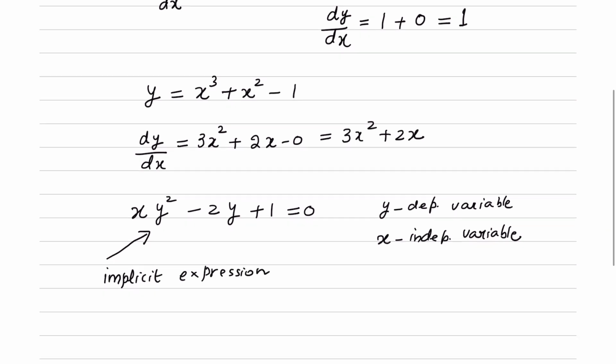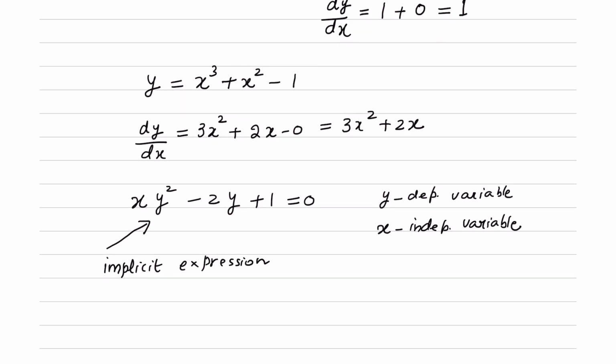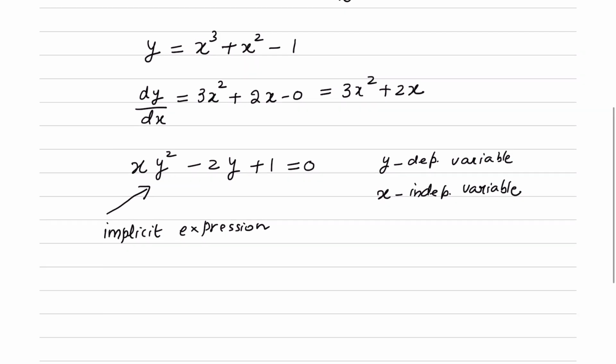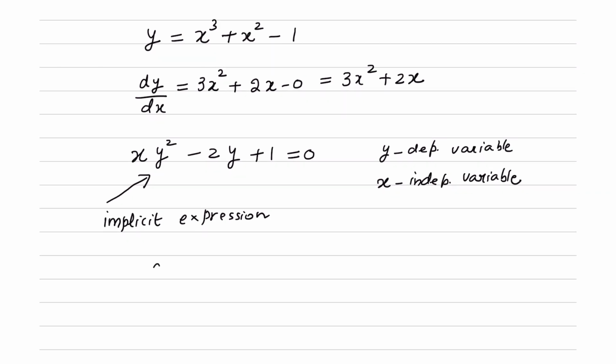This expression is written in a mix of both variables x and y, where x is the independent variable and y is the dependent variable. So for this expression, if the question is to find dy by dx, then finding the derivative dy by dx for this implicit expression is called implicit differentiation.